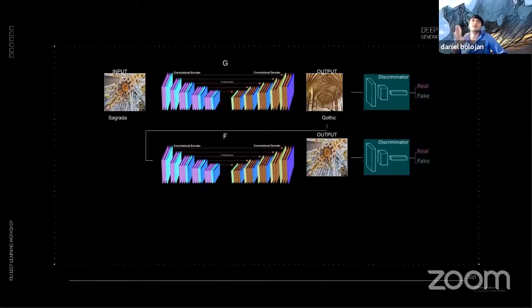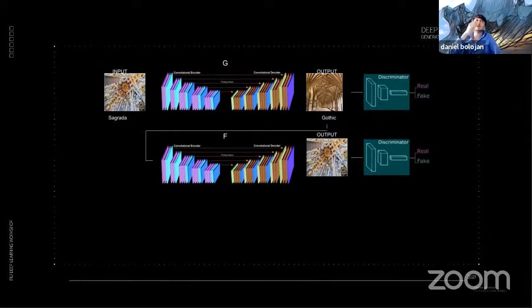If we go back to the idea of how I can translate the style, or the composition, of Sagrada to a Gothic building, then with just a network like Pix2Pix, you might very likely end up with the problem of mode collapse, where the generator network is just outputting the same kind of image, the same interpretation of Sagrada, without trying to be novel and to create completely new output all the time.